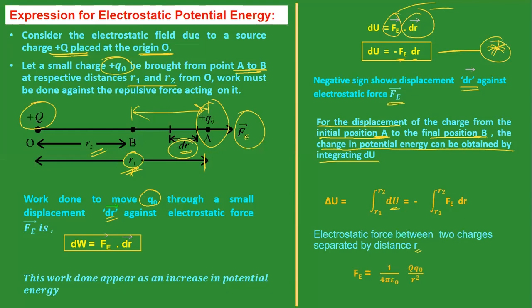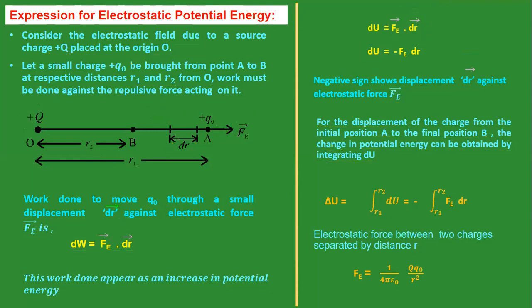So what is the electrostatic force? It is 1 upon 4 pi epsilon 0, first charge multiplied by second charge, where the first charge is capital Q and the second charge is small q0, divided by r square. If the distance of separation between these two charges is r, then the electrostatic force is given by this formula.